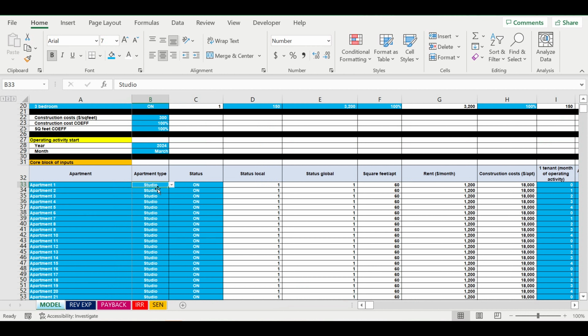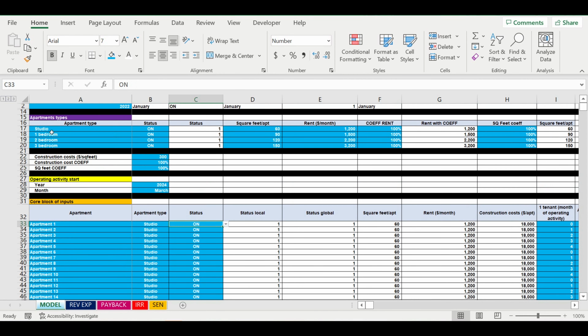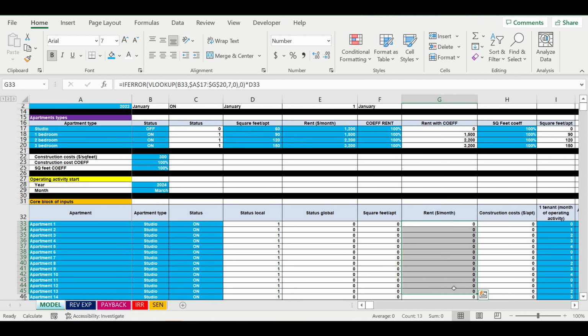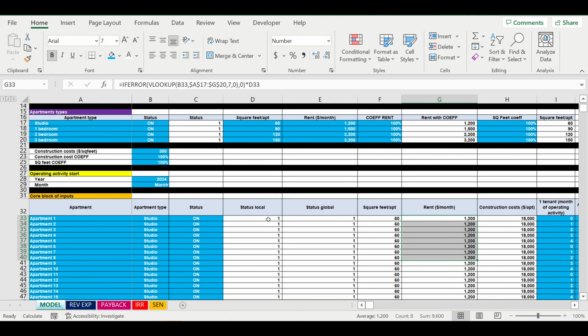Then we can, for example, switch on and off a specific apartment from the calculations. So for example, we can switch off all studios. So we have no studios here. But for example, we may want to leave some studios here, but we don't want to have all of them.